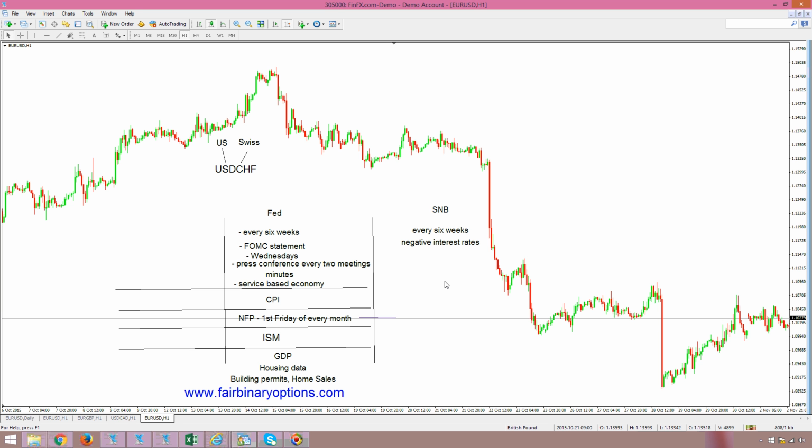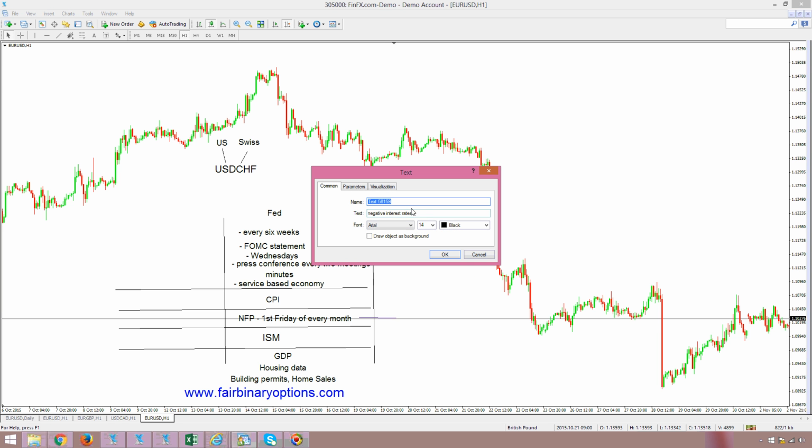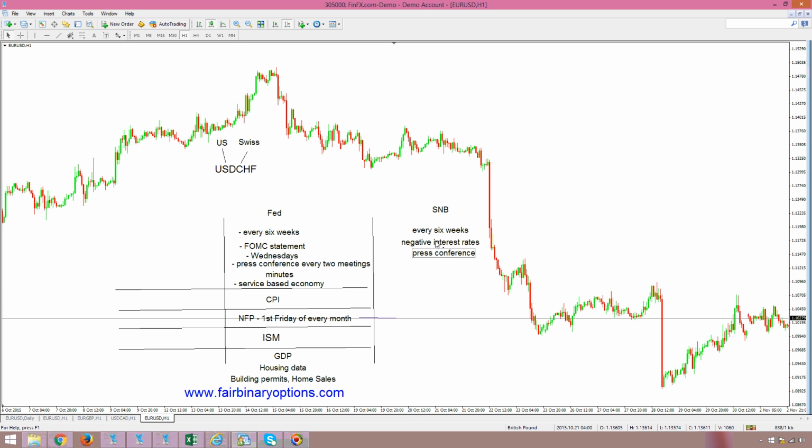The most important thing when a monetary policy decision takes place is also the press conference. And on the press conference, one should look not only at what the actual interest rate was, but what the signal is going to be moving forward.